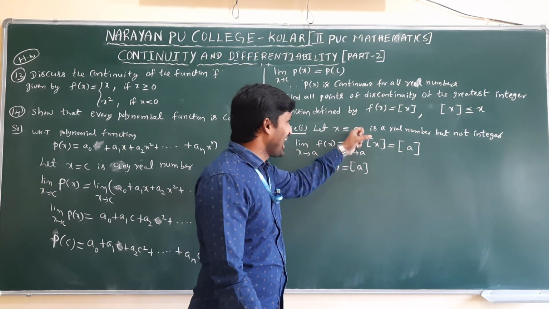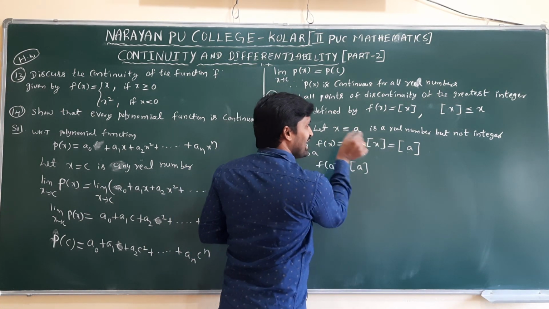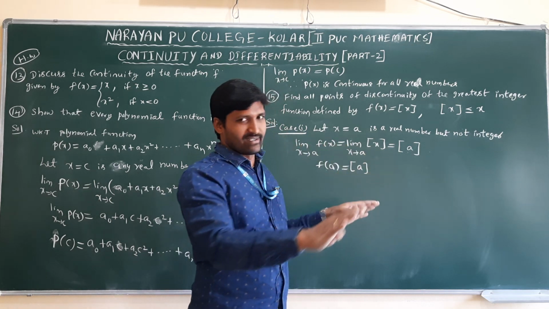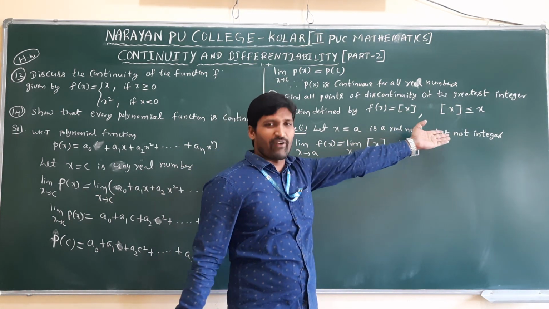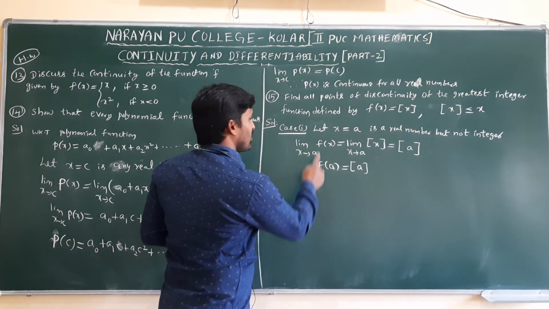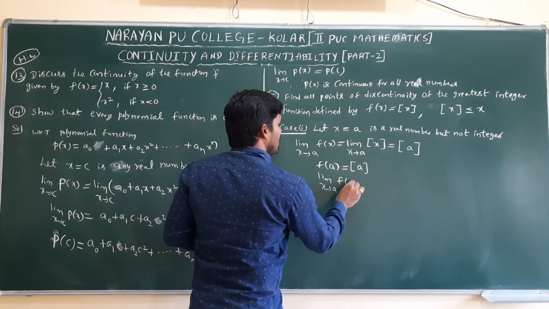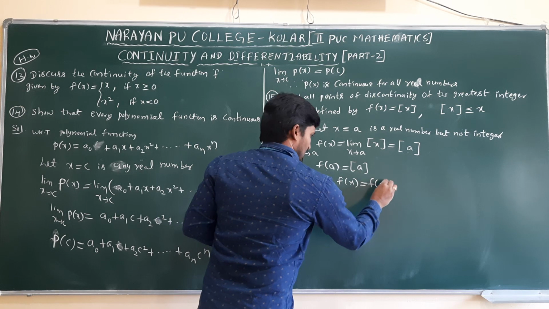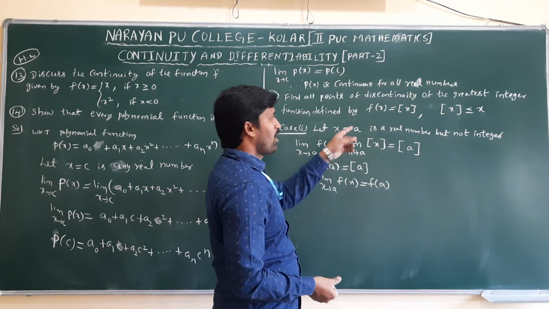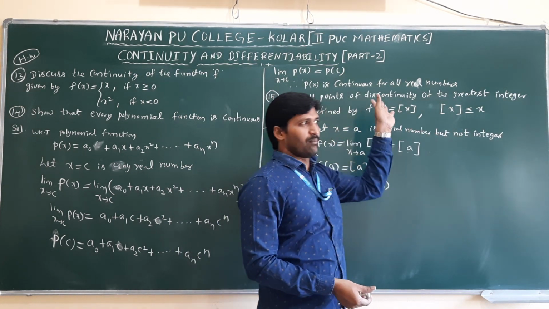Whatever x value we are taking, x is not an integer, the output will finally be an integer. That's why for this condition, the limit value and function value are both the same. That means f is continuous for all non-integer real numbers.